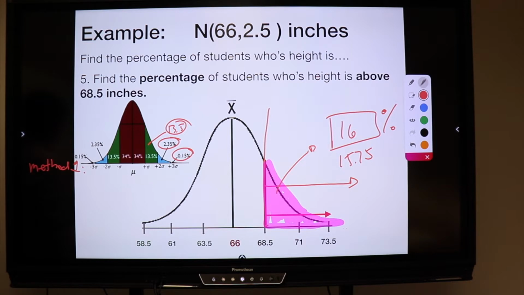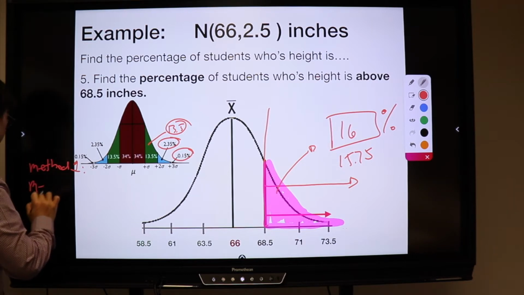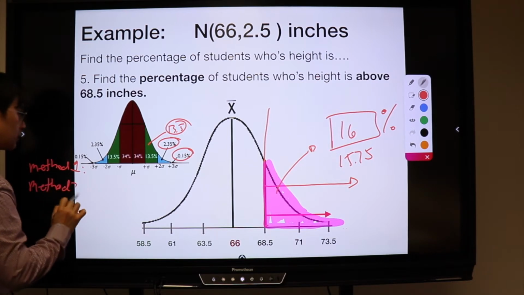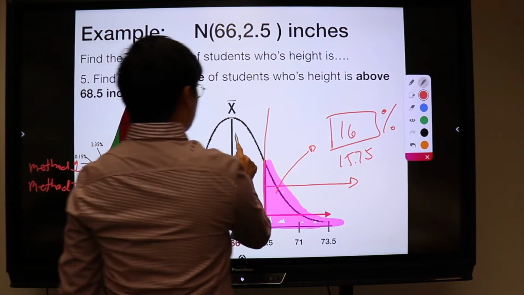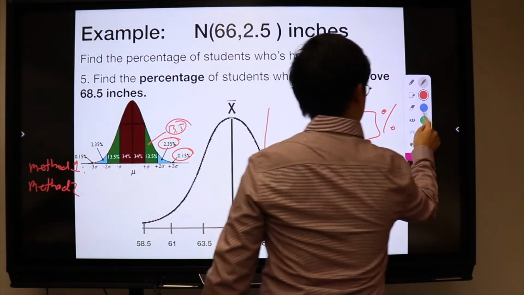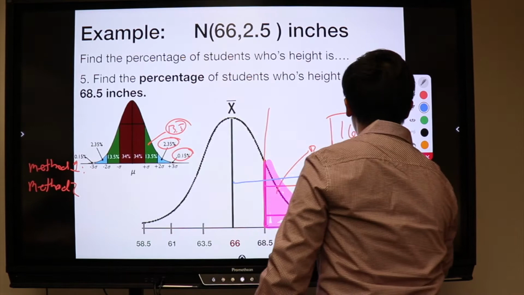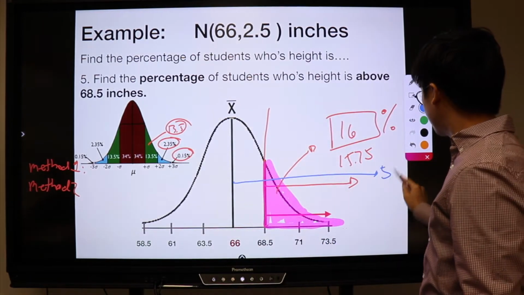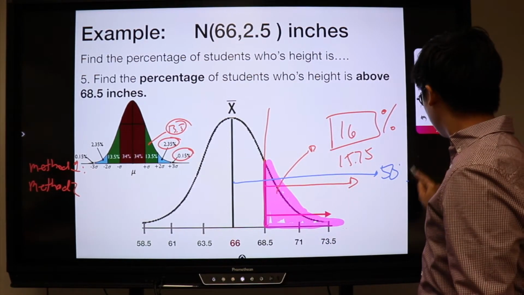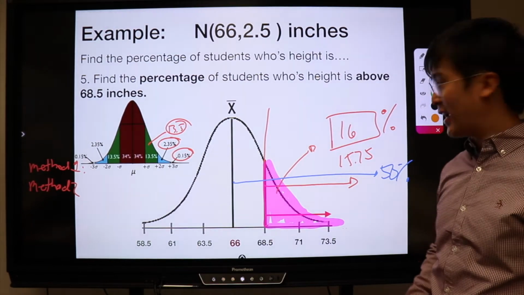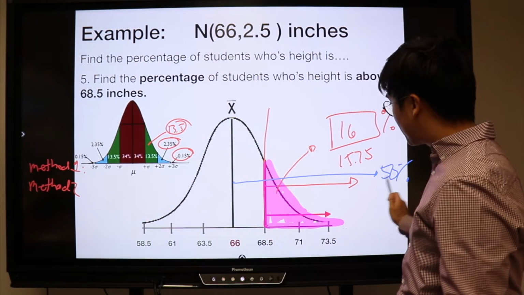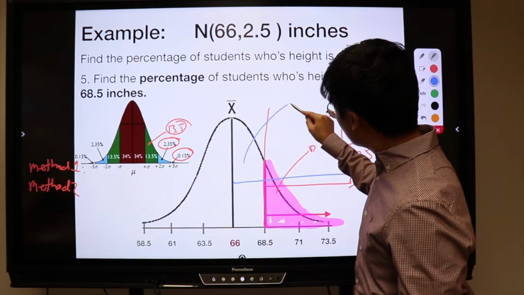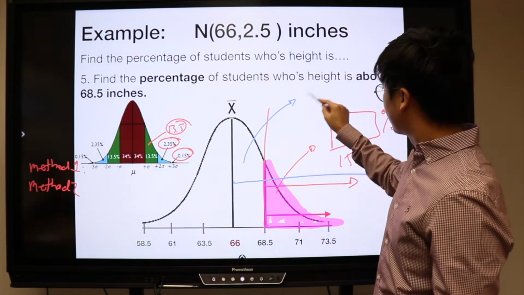Now, what is my method 2? Okay. This much percent is what? 50%. That much is 50%. And since I know this is 50%, what is this much right here? 34%.